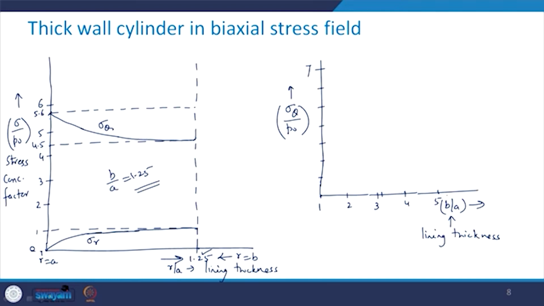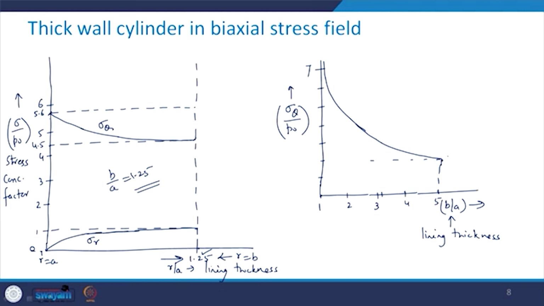And at b by a equal to 5, the variation is going to look like this. Something like this.